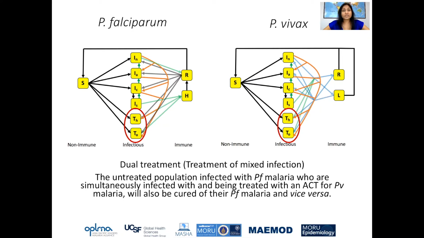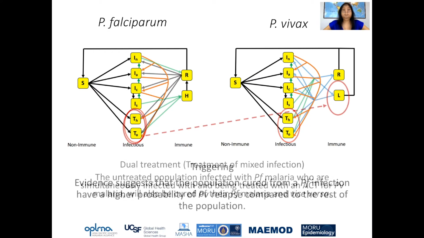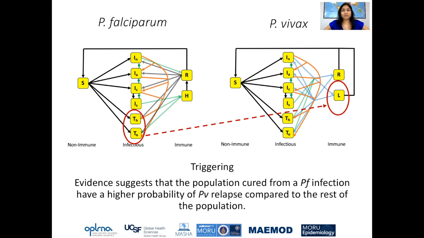Firstly, there is dual treatment, where the population with a mixed infection who are being treated for vivax malaria will also be cured of their falciparum malaria and vice versa. Research suggests that the population who have been treated for a falciparum malaria infection have an increased chance of triggering a relapse of a previous vivax infection compared to the rest of the population.